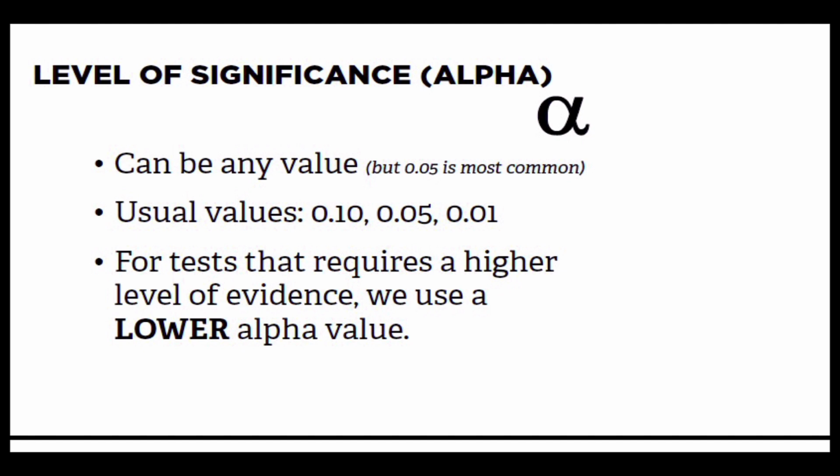I'll explain more about that this chapter. 10%, the burden's not as high. 5% is kind of the default. 1% means your burden is really high. If I have this much evidence, you can say with confidence that they're wrong. For tests that require a higher level of confidence, we use a lower alpha level.